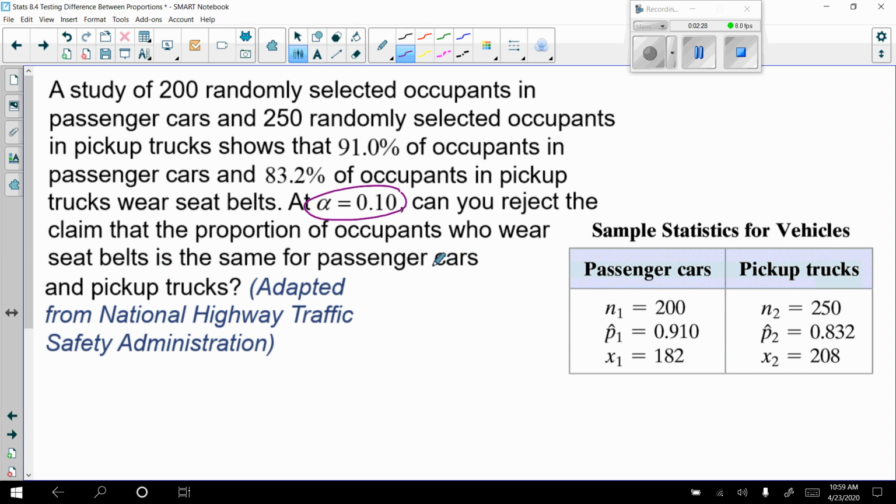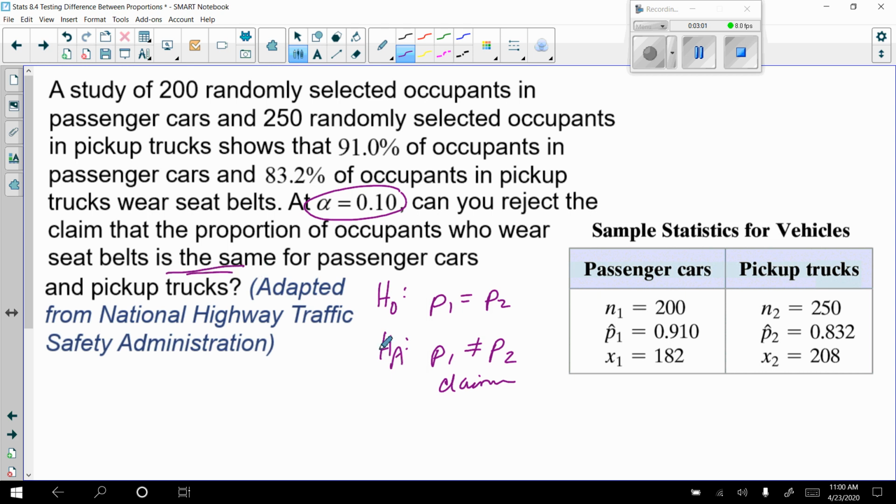So that tells us that our H alternative is that the proportion of the first is not equal to the proportion of the second, and our proportions are equal for the null hypothesis.